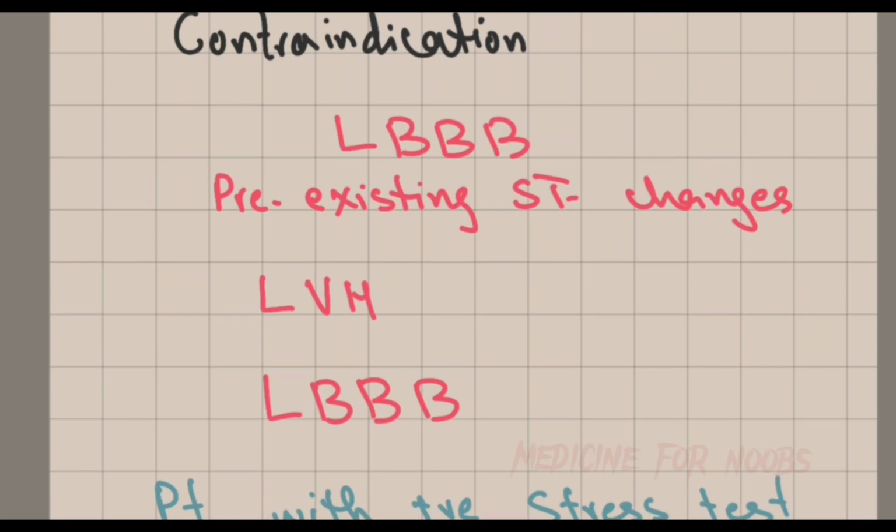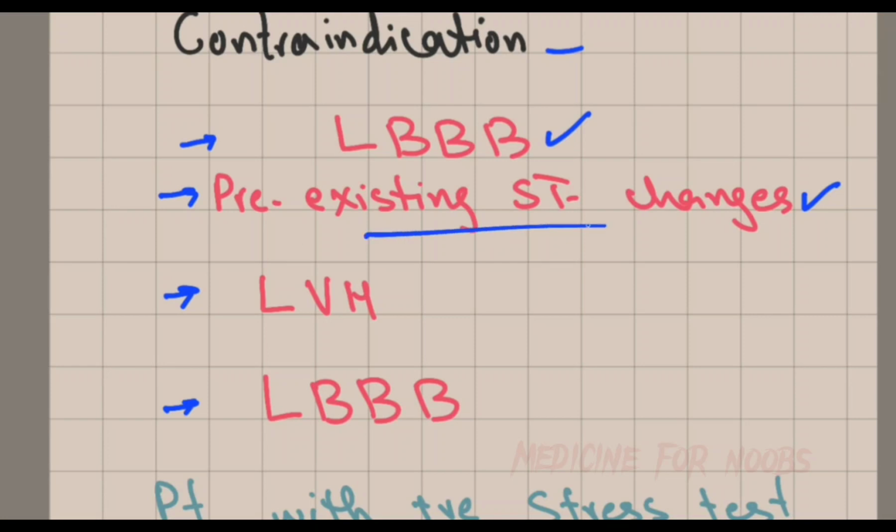Now we will list some conditions in which the exercise stress test shouldn't be done, which are left bundle branch block and pre-existing ST changes. If the patient already has pre-existing ST changes, how will we interpret ST segment depression on the ECG? So it's not done in those patients.